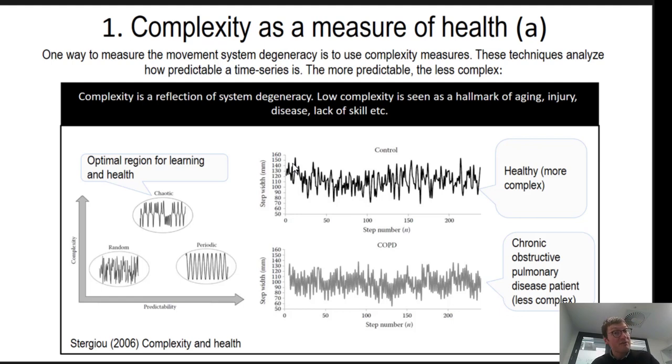Typically, this is a sign of good health, and what will be picked up in these complexity measures is these multiple strategies or behaviors as we're moving. Okay, and so we will end up with a value that indicates that this signal is more complex.